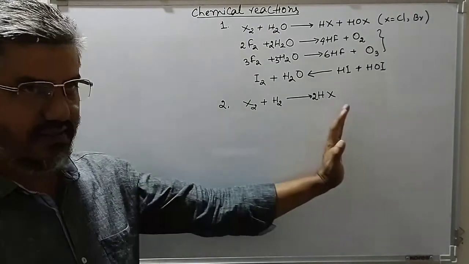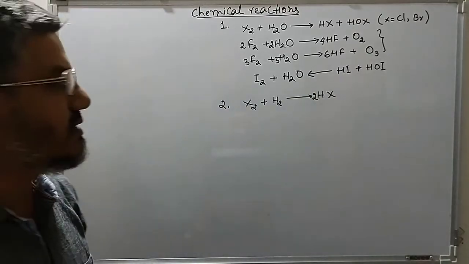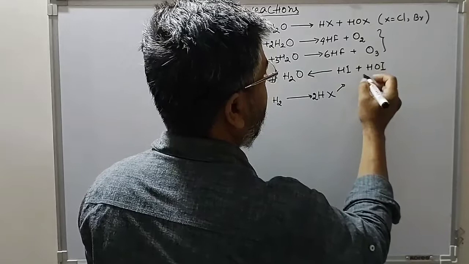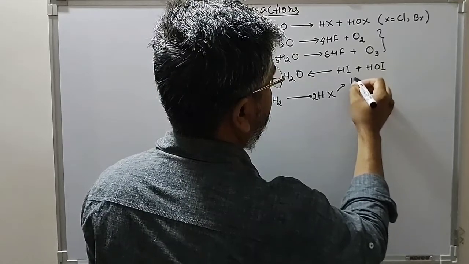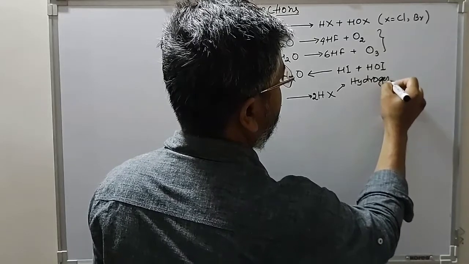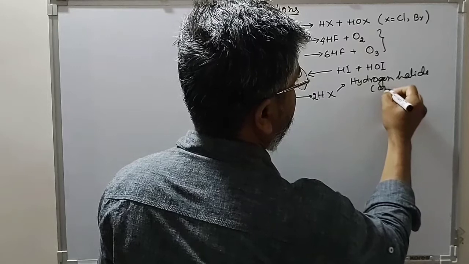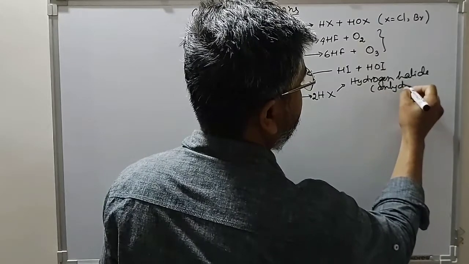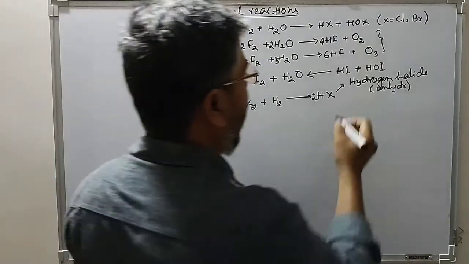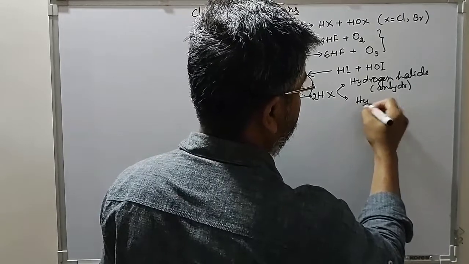This HX, the anhydrous form, is known as hydrogen halide, and the hydrated solution is known as hydrohalic acid.